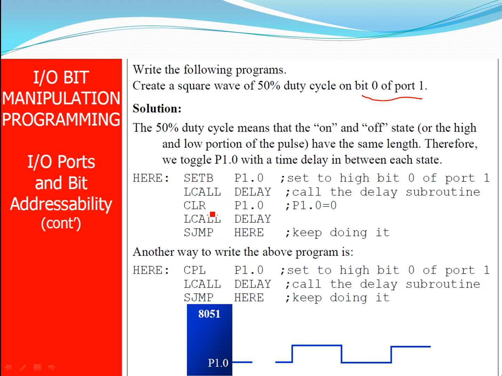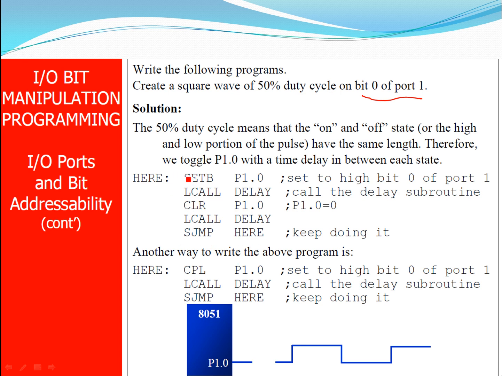Next CLR P1.0. Now P1.0 becomes 0 and we call the same delay subroutine by using LCALL delay, and then SJMP here.